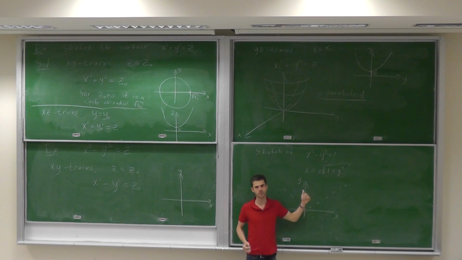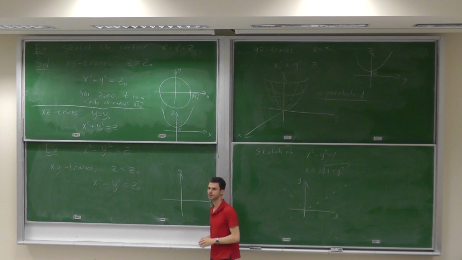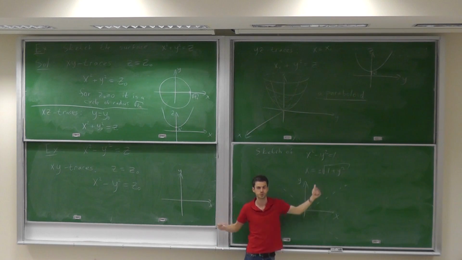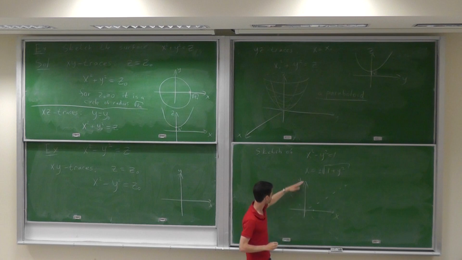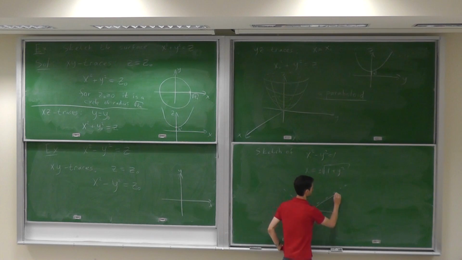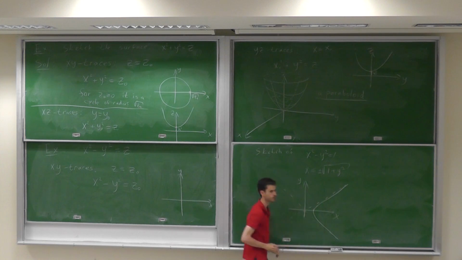When y is not as large, you see that x is a little bit larger than y. It's never smaller than 1. It's the square root of 1 plus something positive. So when y is equal to 0, you get x equal to 1. And otherwise, it's a little bit larger than y. So you get something of roughly this shape.